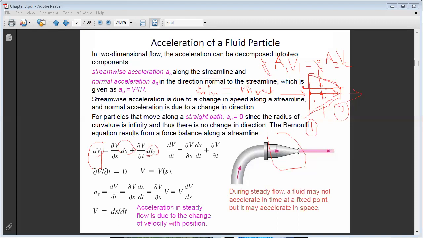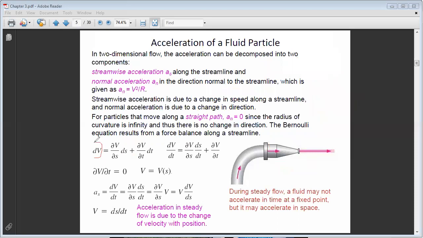This is why, when you want to define acceleration: acceleration is known to be the derivative of velocity with respect to time. Since here I have two variables of interest, S and T, in mathematics, whenever you have a function depending on different variables, the differential dv will be equal to del v by del s ds, where s is the position variable, plus del v by del t times dt, where t is the time variable.